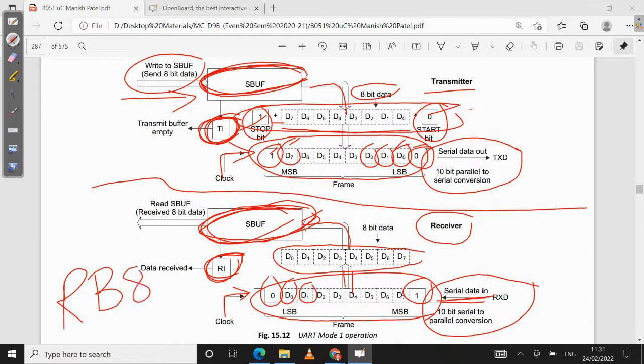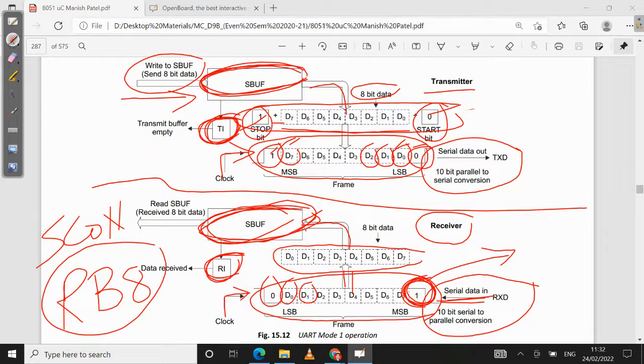We have seen RB8 in your SCON register. So whenever you are receiving the stop bit, which is this one, the stop bit will be saved in the RB8 bit of the SCON register. And the baud rate is variable and it is determined by timer 1.